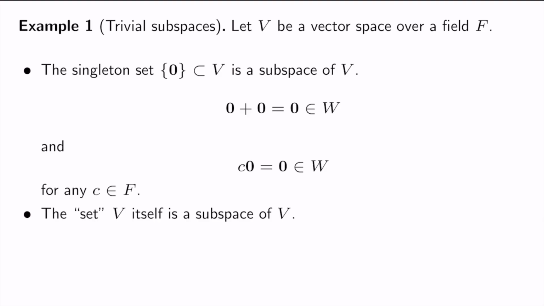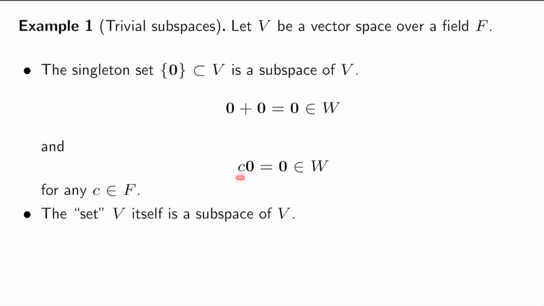Here are examples of trivial subspaces. Let V be a vector space over a field F, then this singleton set that contains only one element, the zero vector, is a subspace of V. In fact, the only element is the zero vector, so 0 plus 0, which is 0, belongs to the subspace.